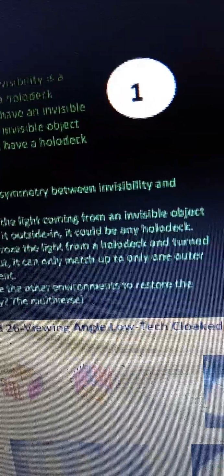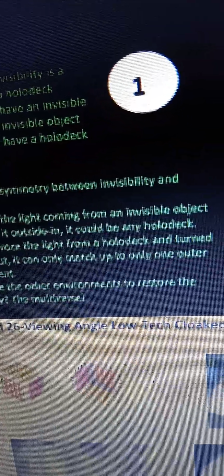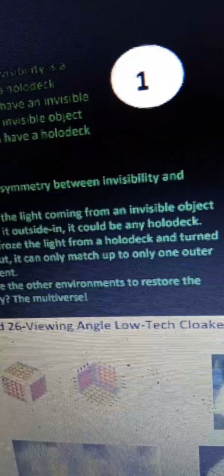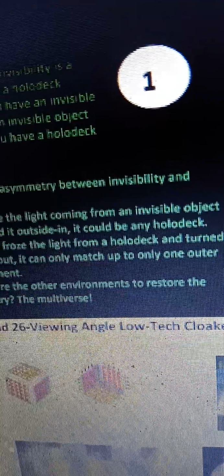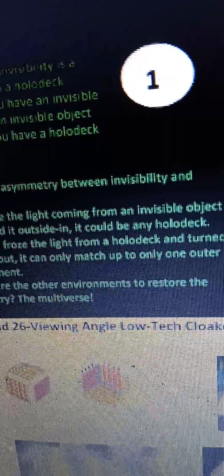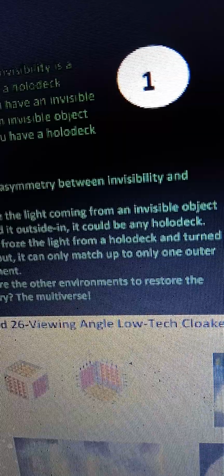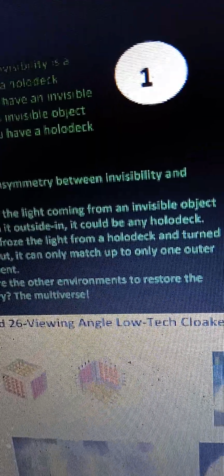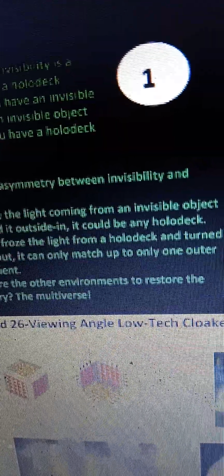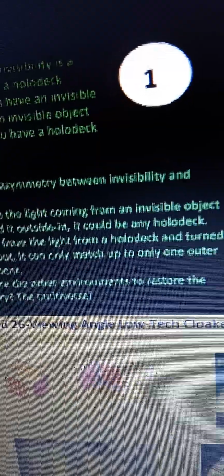It could represent any holodeck, an invisible environment turned outside in, an invisible object turned outside in, with its light frozen and then released again. It would produce any sort of holodeck you can think of, because the outside world is infinitely varied.